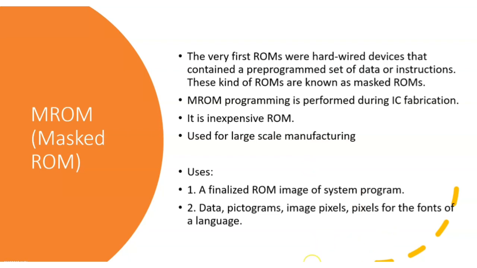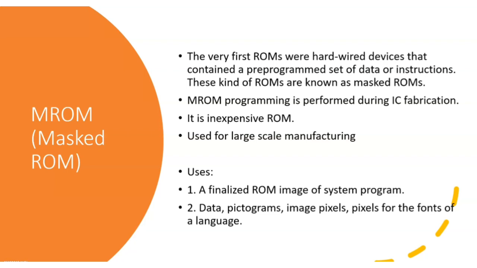Now, how can we make use of this memory in embedded systems? Consider that you have designed an embedded system, the program and everything is designed, and the final ROM image, the final executable code, is ready. In that case, if there is no further modification, we can burn the final ROM image into this MROM.